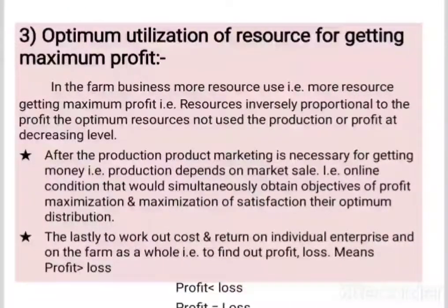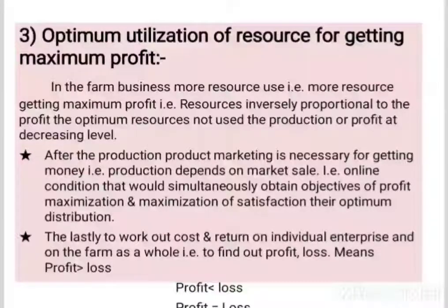And the third point is optimum utilization of the resources. For the appraisal of a farm plan, initially the farm planner has to identify and analyze the availability of the existing resources. Next, has to identify the extent of deviation from the existing resources and their utilization.